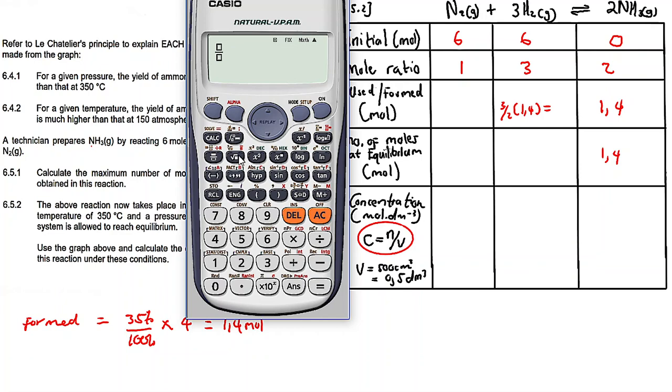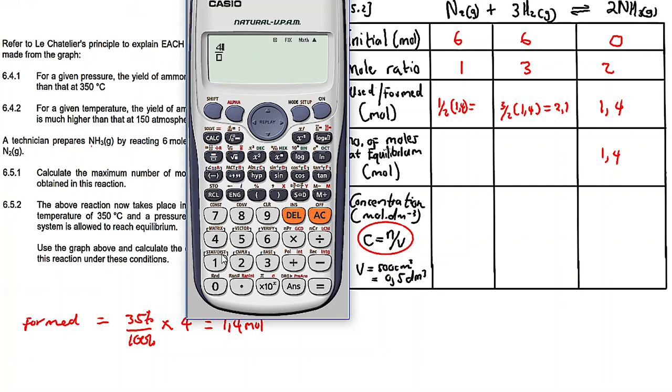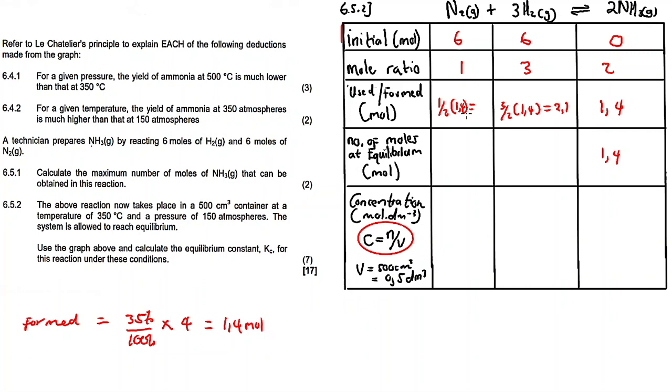That's still fine, but I prefer working this way, it makes life easier. For nitrogen it will be 1 over 2 times 1,4, which is half times 1,4, equal to 0,7.